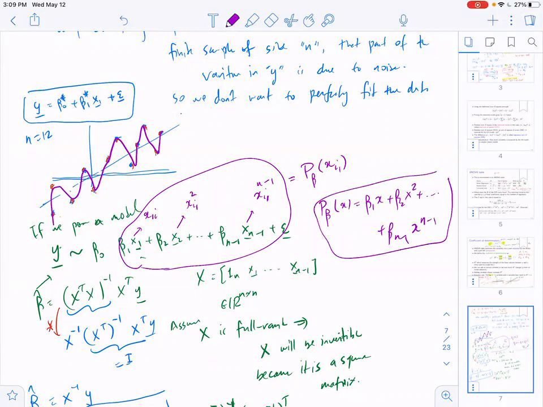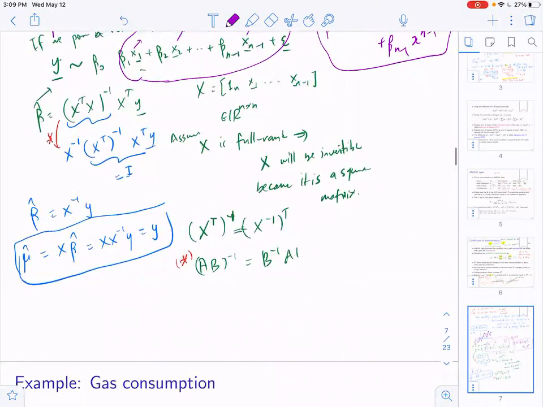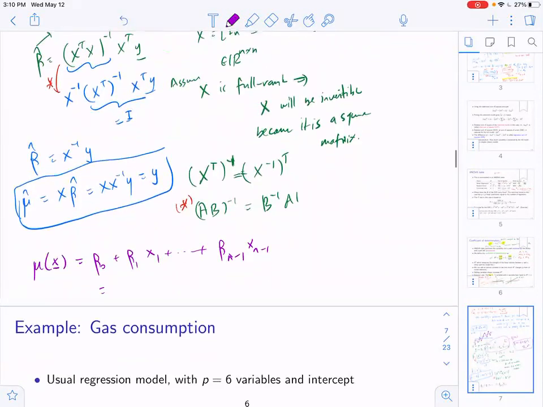So one way to do it is that. Then if I look at my regression function, which is beta 0 plus beta 1 x1 plus up to beta n minus 1 x n minus 1 for a new data point, this is equivalent to beta 0 plus beta 1 x1 plus beta 2 x1 squared, up to beta n minus 1 x1 to the n minus 1.